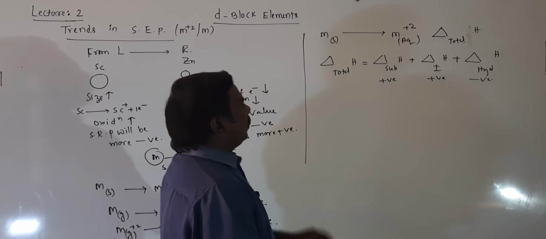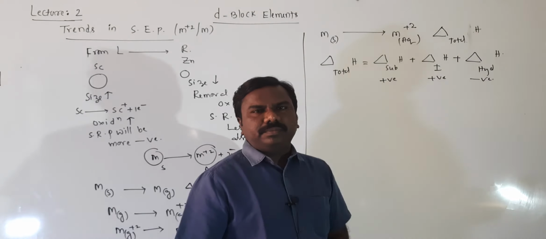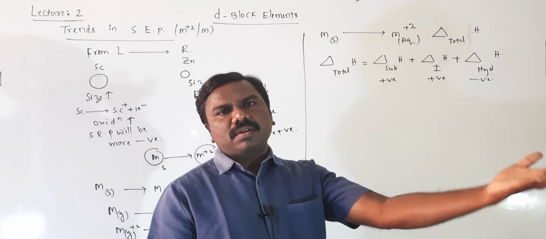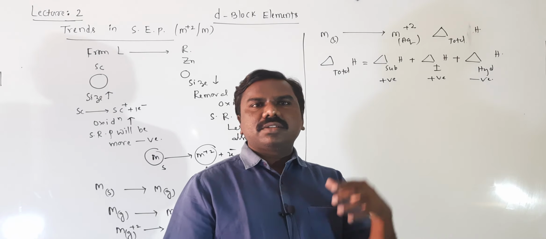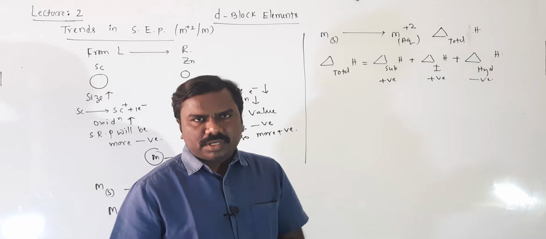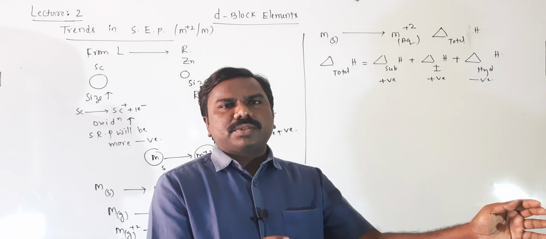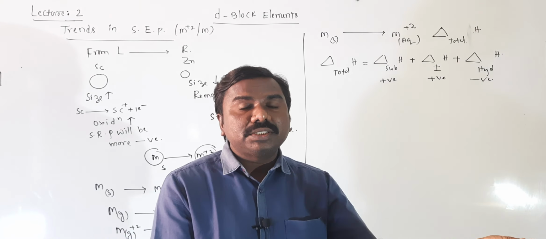Observe clearly, M is converted into M2+. There are two possibilities. With 10 joules it is converted into the plus 2 state, stable. Otherwise, with 100 joules it is converted into the plus 2 state. Which is more stable? With 10 joules, the metal is very easily converted into the plus 2 oxidation state.